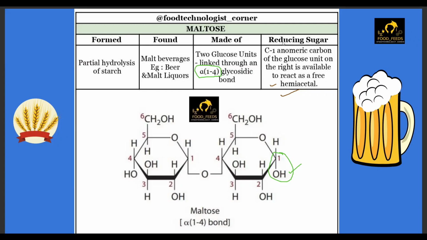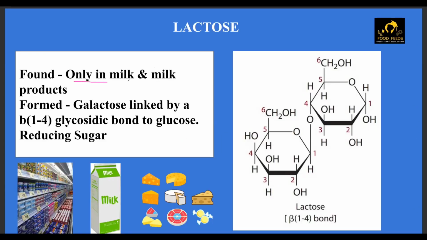Moving on to the next one. This is the only sugar which is available in milk and milk products. Here one monosaccharide unit is galactose and the other is glucose. So glucose plus galactose will form lactose.